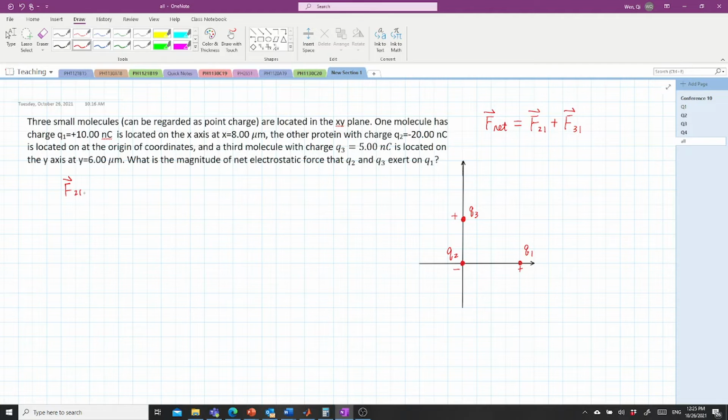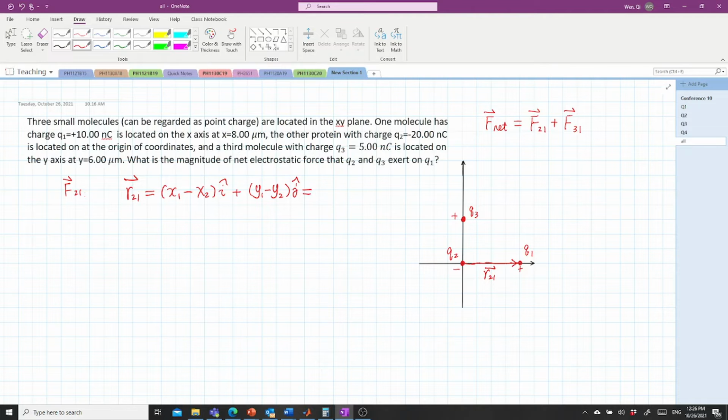F21. In order to find the force F21, we need to find the vector that starts from the location of charge Q2 and ends at the location of charge Q1. This will be R21. R21 equals the x-coordinate of charge Q1 minus the x-coordinate of charge Q2, times I hat, plus the y-coordinate of charge Q1 minus the y-coordinate of the second charge, times J hat.